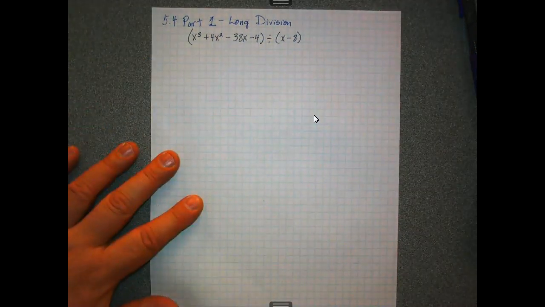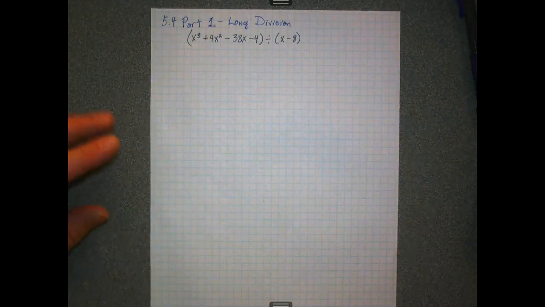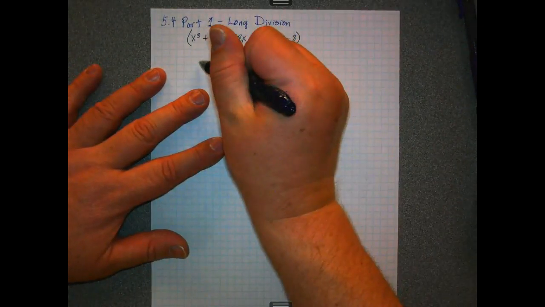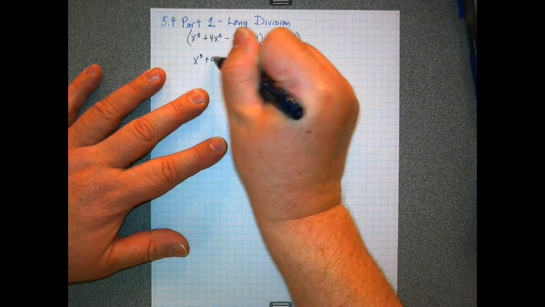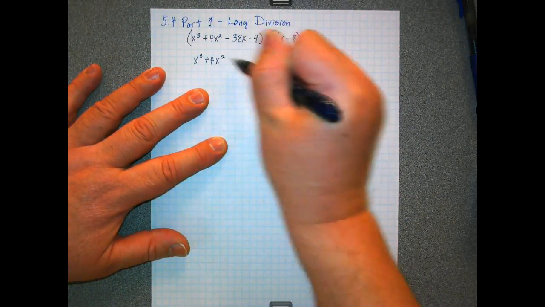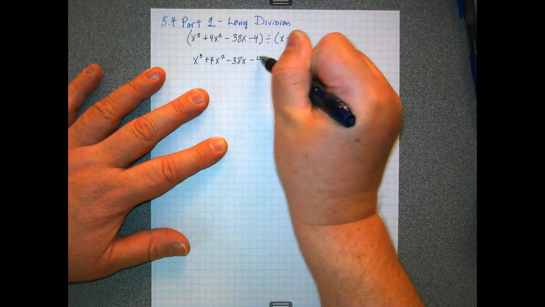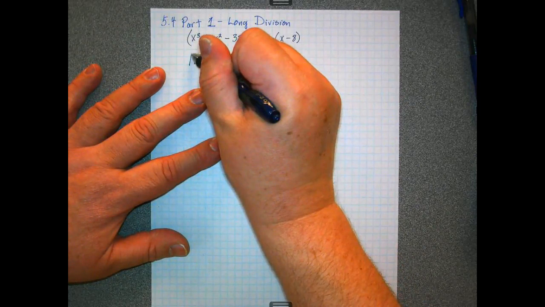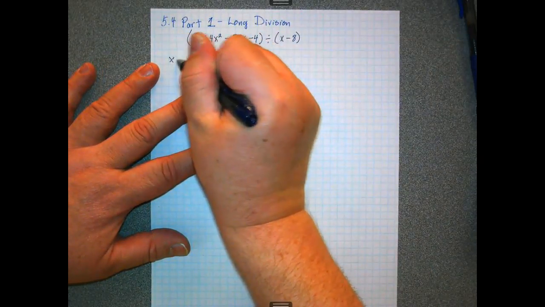Well, we do it just like we did in elementary school when we were dividing numbers. So I have the polynomial x cubed plus 4x squared minus 38x minus 42 divided by my divisor, x minus 8.